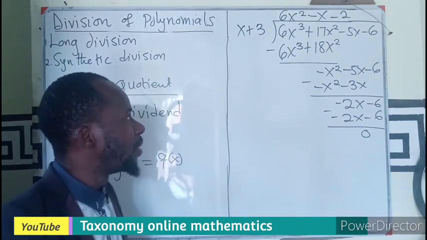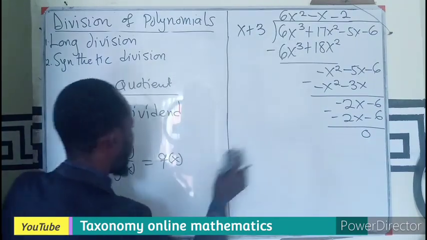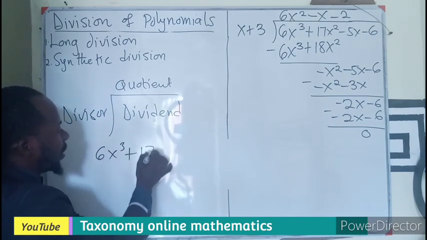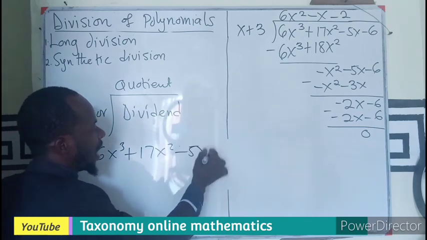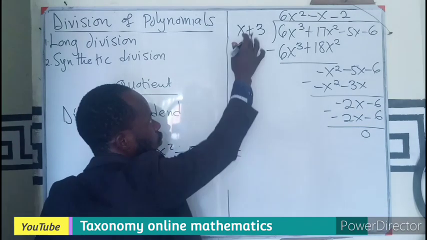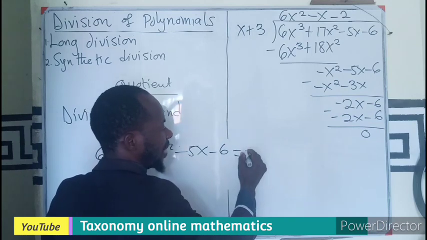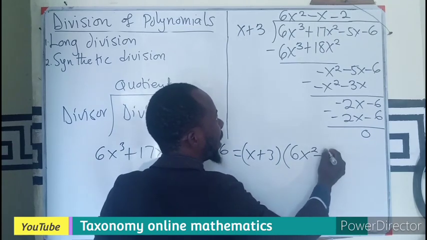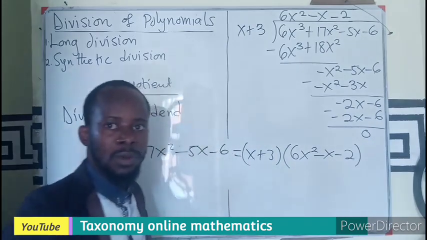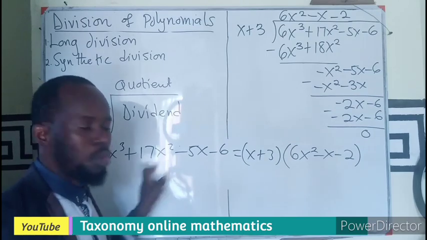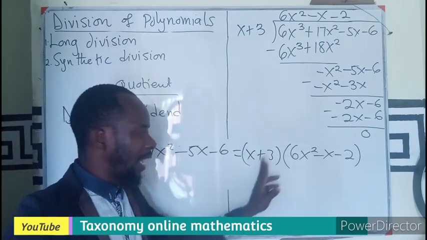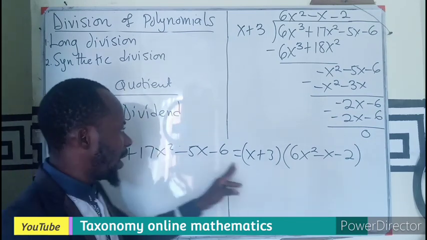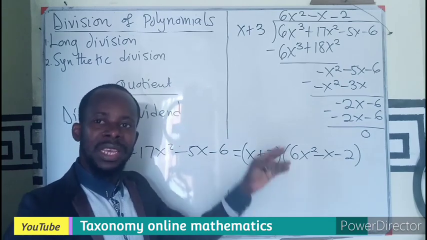But in this division, if I am to divide 6x to the power 3 plus 17x squared minus 5x minus 6 by our divisor, which is x plus 3, we get the quotient 6x squared minus what? x minus 2. Don't forget we said the function equals the quotient, which is this, times the divisor, which is the same thing, commutative multiplication. So this equals this by factorization or by division.